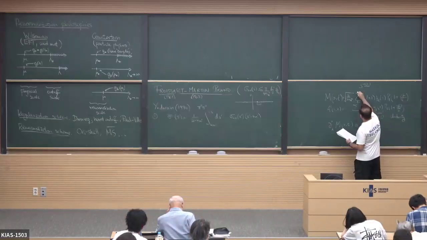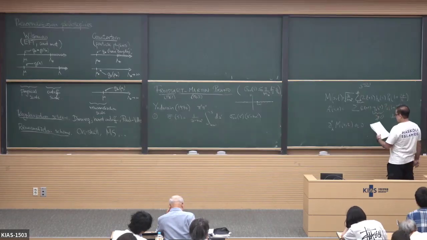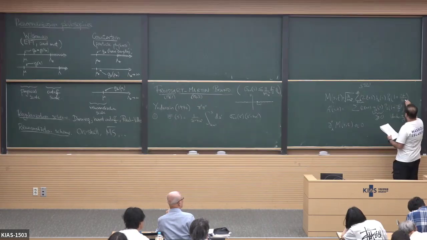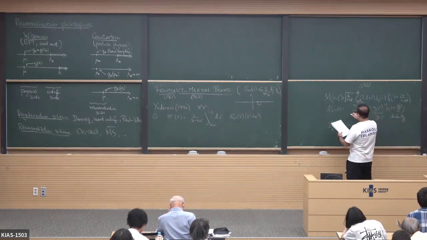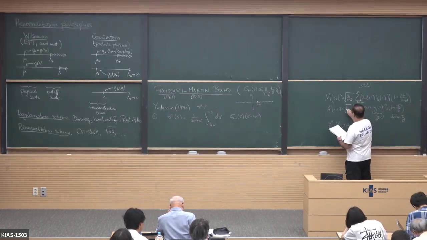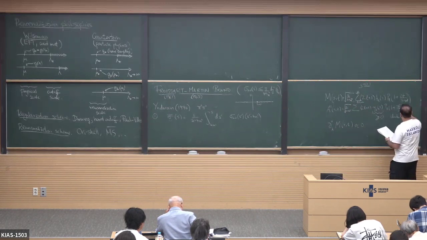And l runs from 0 to infinity and only over evens because this is identical scalar scattering. And the final change is this is going to be s minus 4m square. So the absorptive part will also have the same normalization factors outside. This is minus 4m square.